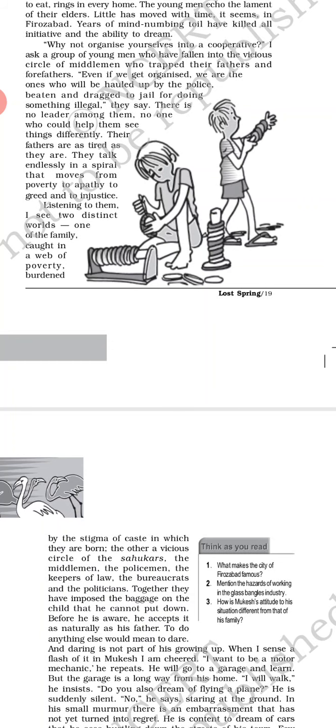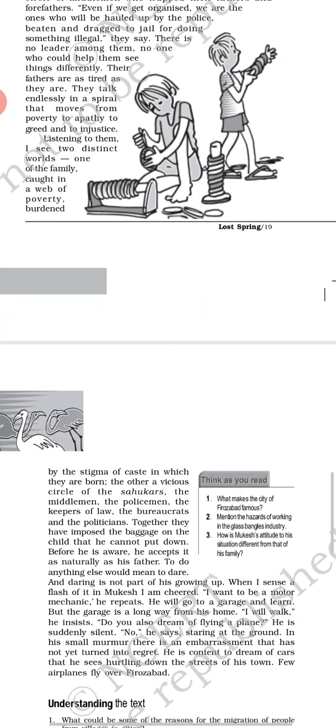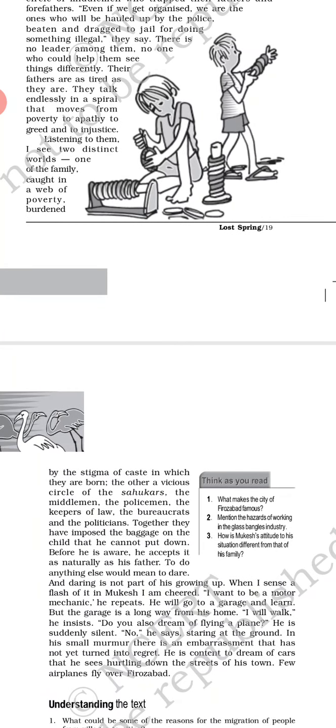There is no leader among them. No one who could help them see things differently. Their fathers are as tired as they are. They talk endlessly in a spiral that moves from poverty to apathy, to greed and to injustice. So these people, they don't have any leaders. Generation after generation, they have been struggling for existence, for survival.